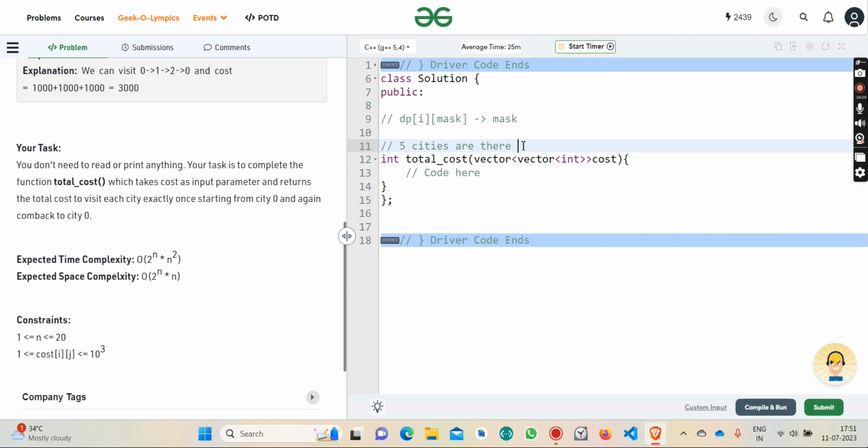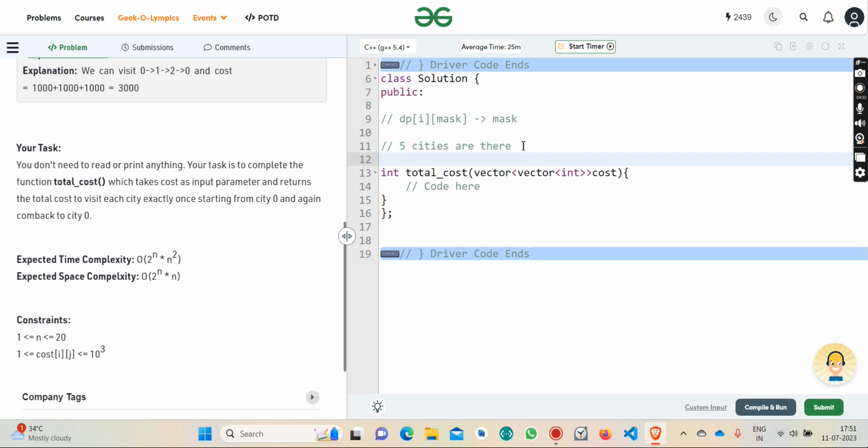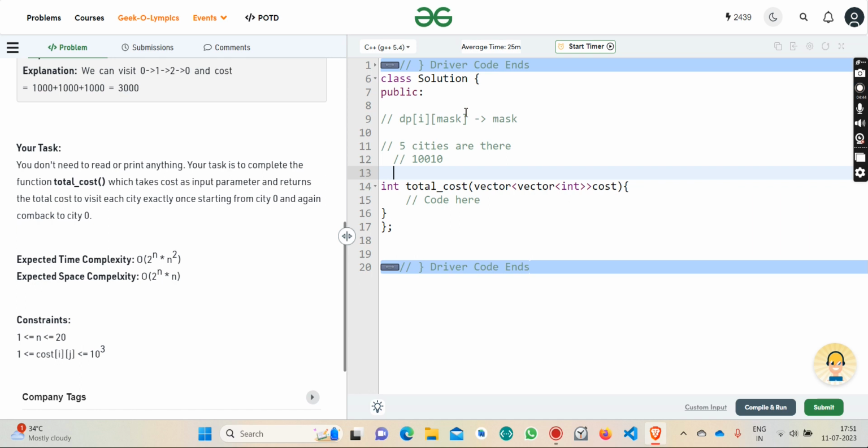Now suppose 5 cities are there, and I define a number, let's suppose it is 10010, denoted in binary. This number itself is called the mask, and it represents the state of the cities visited till now.